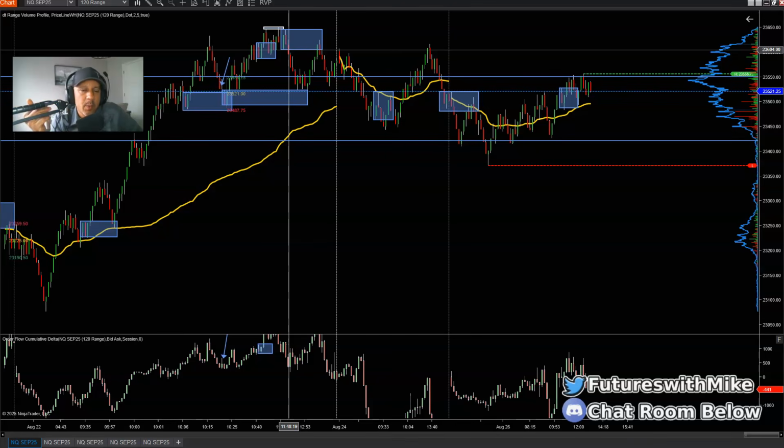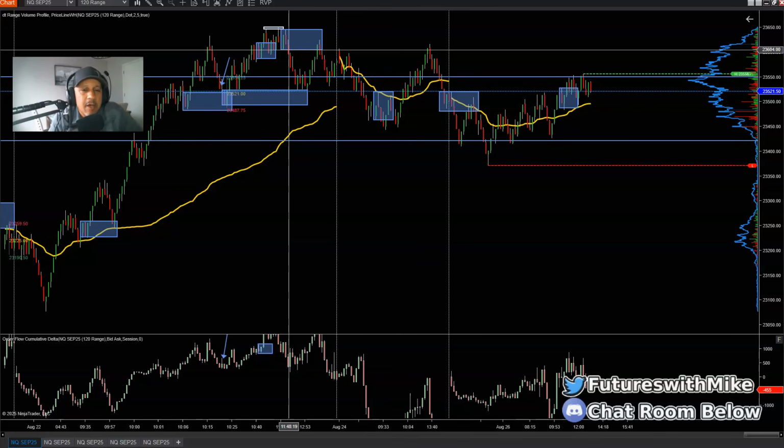Wherever there's absorption on the charts, where the market is stacking up and building orders, especially as you can see in the delta, that is a good area to take a trade in the opposite direction.